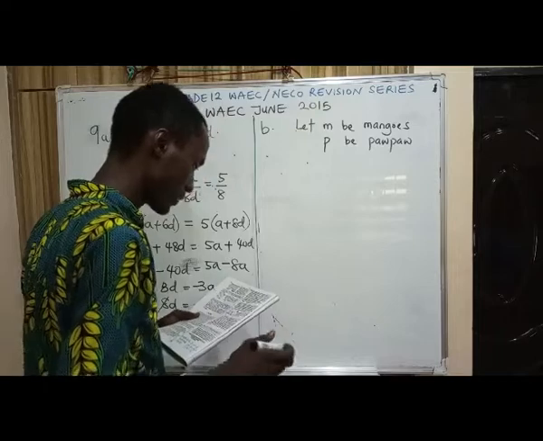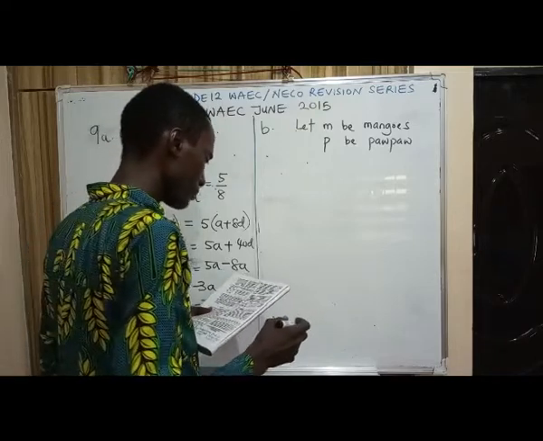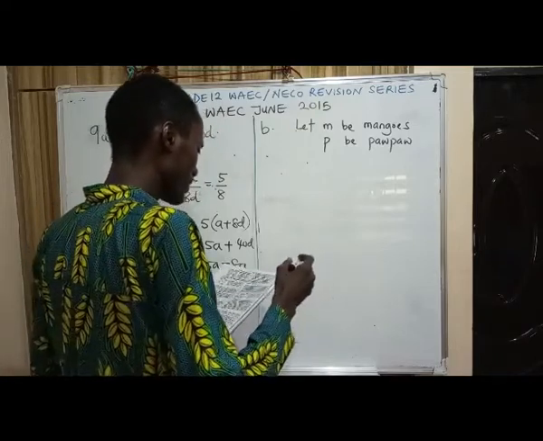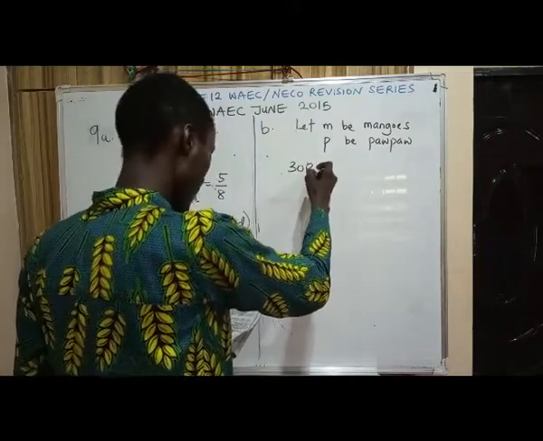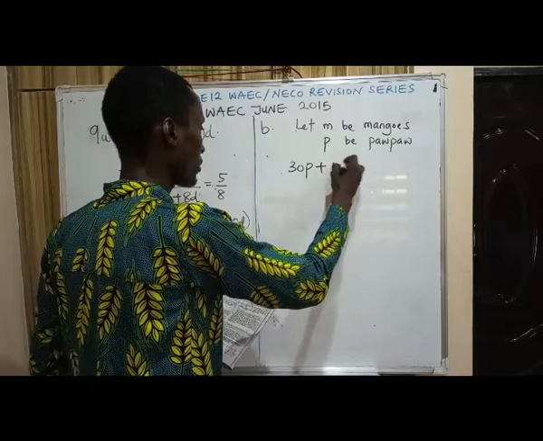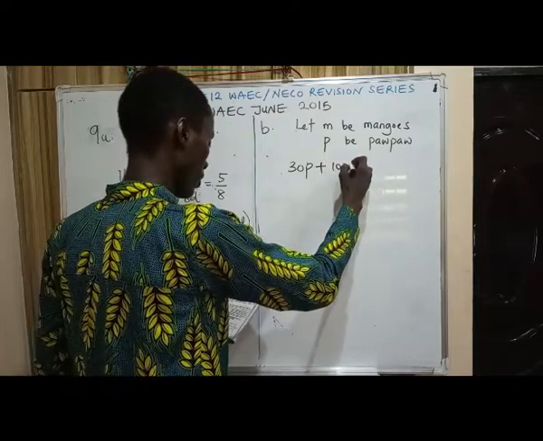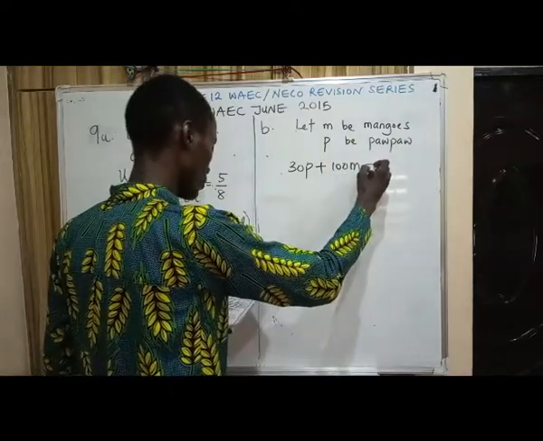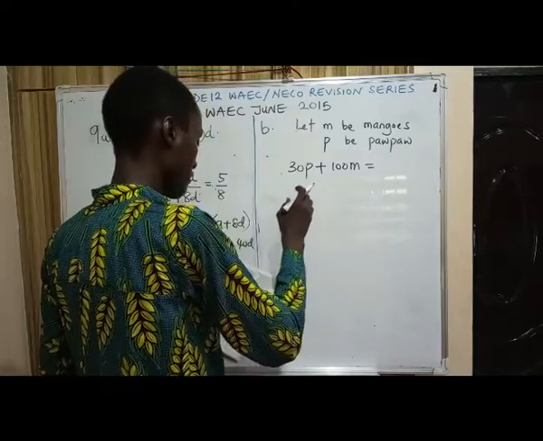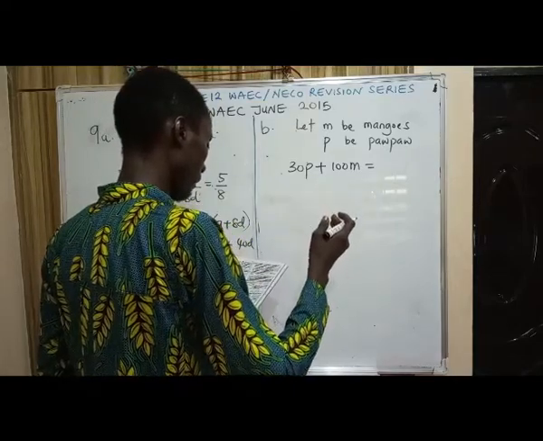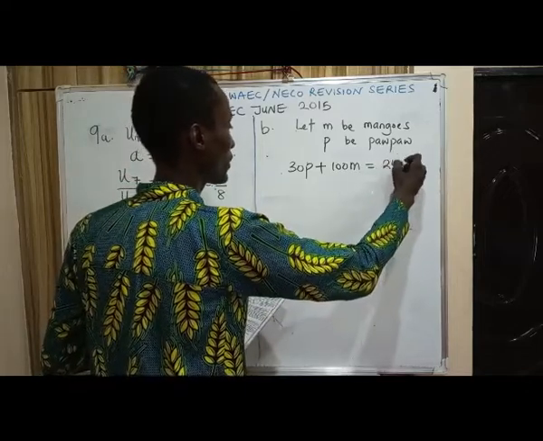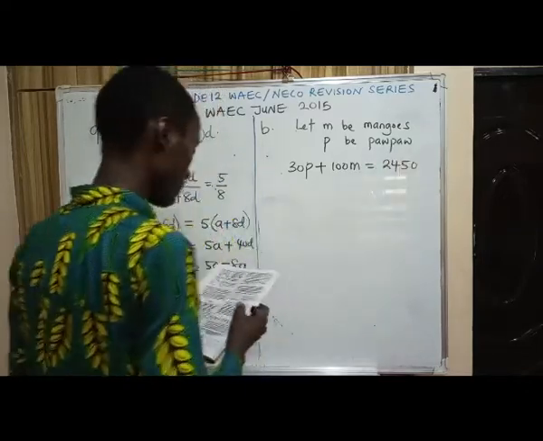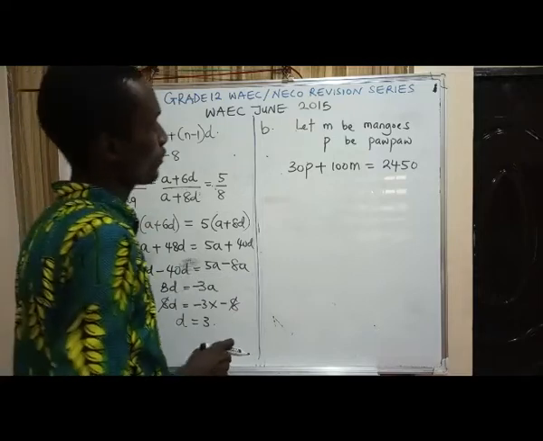Now, it says that a trader bought 30 baskets of pawpaw and 100 baskets of what? Mango. For what amount? For 2,450 naira.